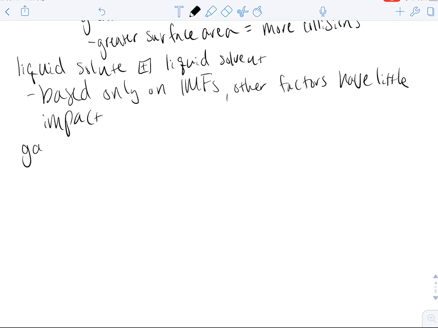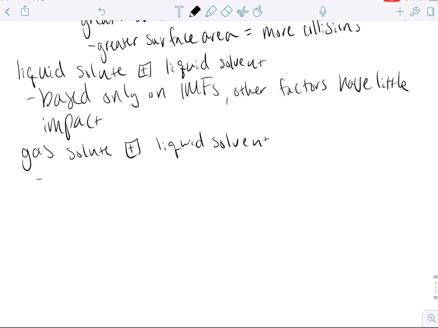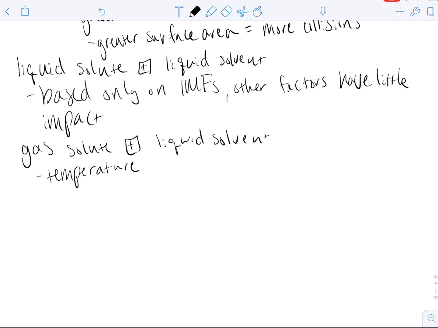Last, we want to look at a gas solute plus a liquid solvent. With temperature, as we increase our temperature, we're going to decrease our gas solubility.